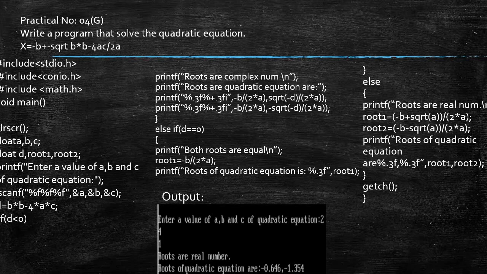So the roots of this quadratic equation are minus b plus or minus root of b squared minus 4ac, divided by 2a. This logic is what we are using, and through it I am getting the answer.